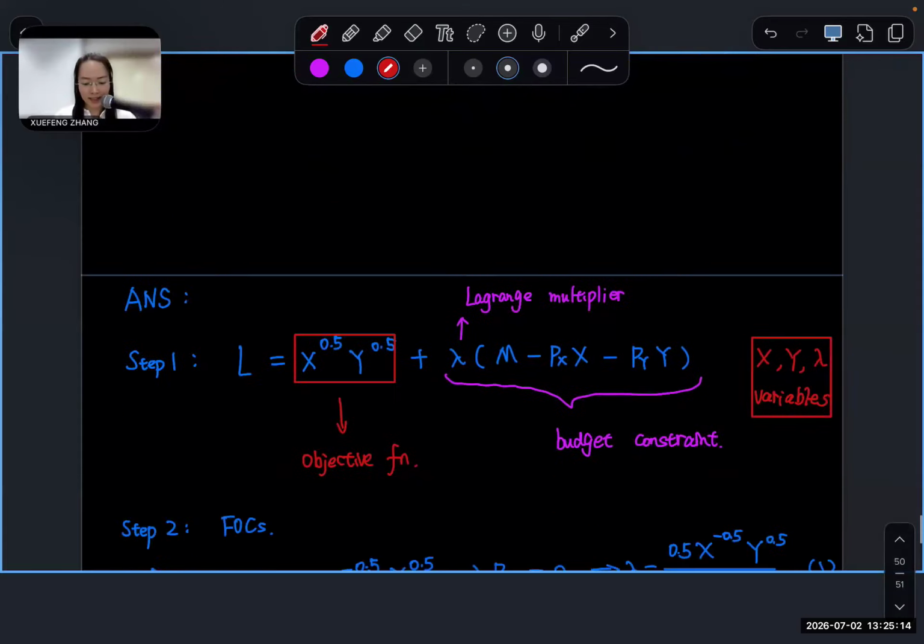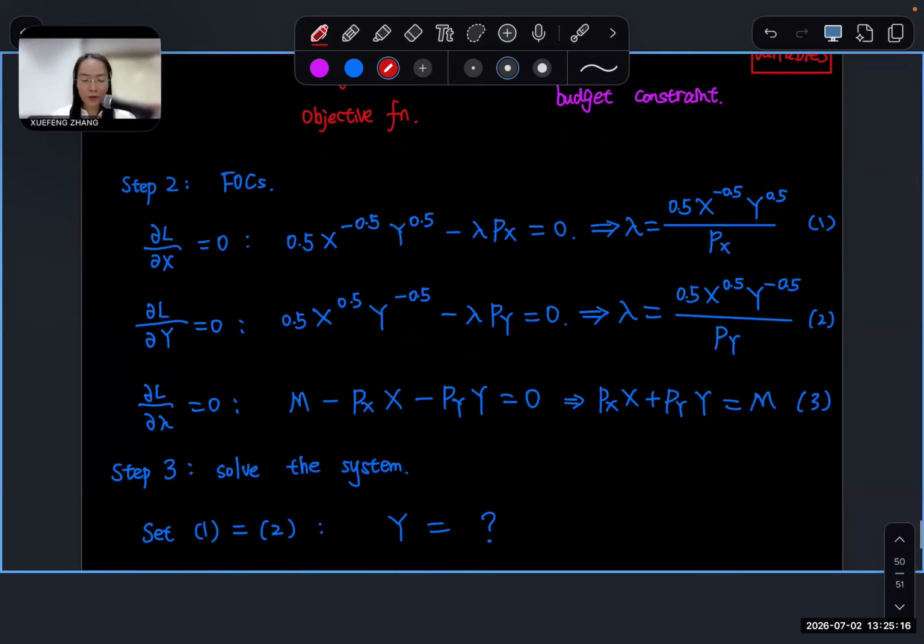Okay, so let's continue. For the first order condition, we take the partial derivative with respect to x, y, and lambda, because those three are the variables that we want to find out, okay? They are unknown variables. And then we set each equal to 0. So here we have the FOC for x.